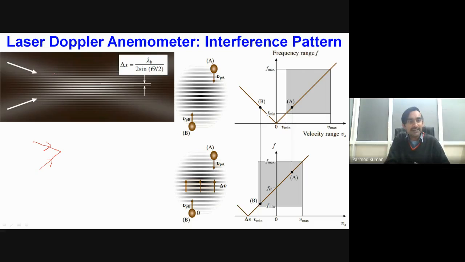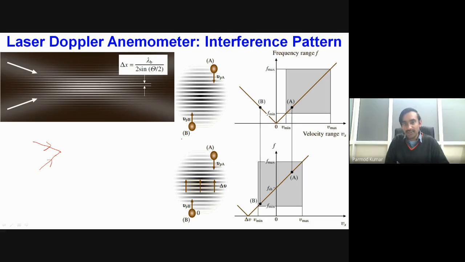So we will get some fringe-like patterns over here. The width of each fringe is equal to lambda V divided by 2 times sine theta by 2. In this fringe pattern, our particles will interact with the fringes, and we will get some final output frequency signals.